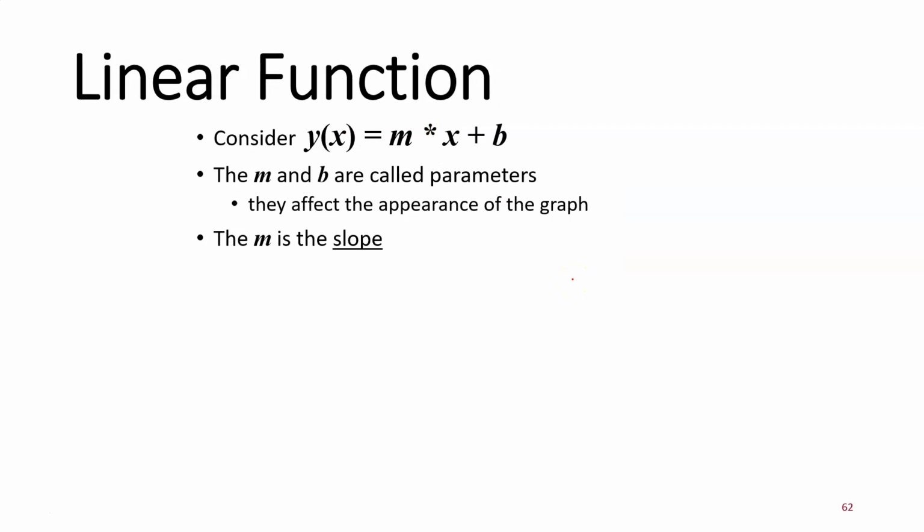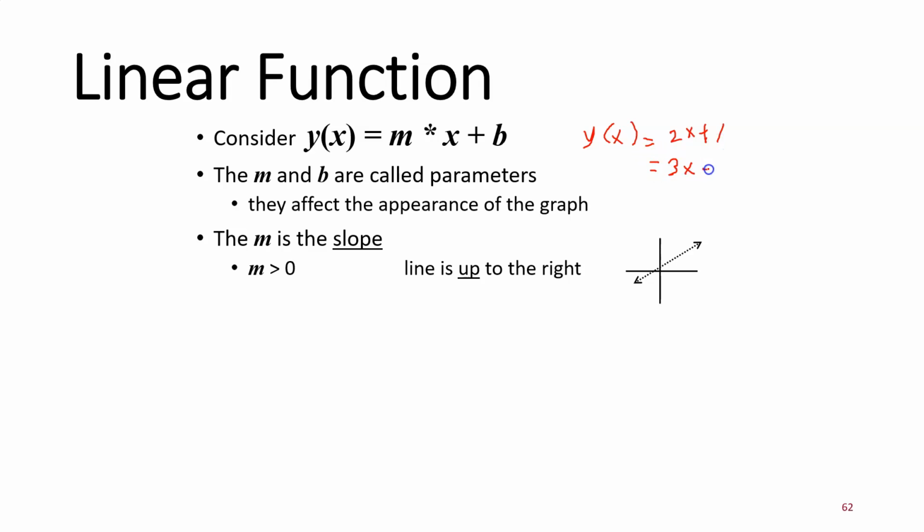And the third one, we have linear function. So linear function means y of x equal to mx plus b. So linear macam biasa yang kita ada, for example, y of x equal to 2x plus 1, ataupun 3x plus 2.